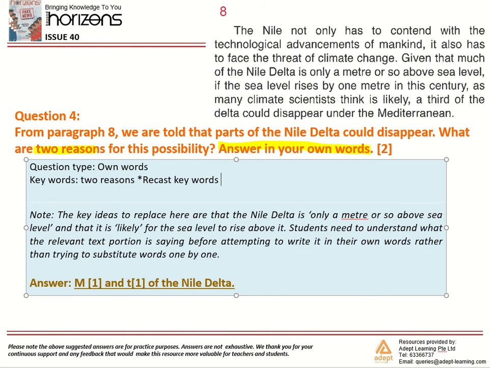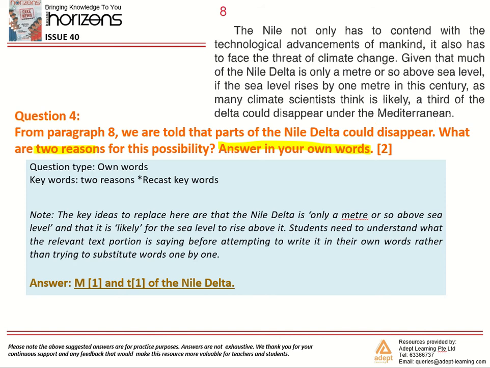So let's read through this. The Nile has not only to contend with the technological advances of mankind, it also has to face the threat of climate change, given that much of the Nile Delta is only a meter or so above the sea level. If the sea level rises by 1 meter in this century, as many climate scientists think is likely, a third of the delta could disappear under the Mediterranean.